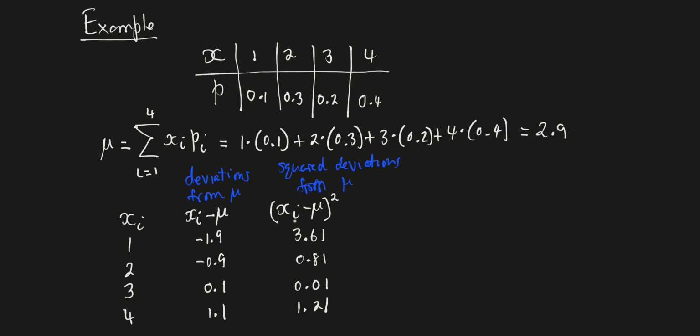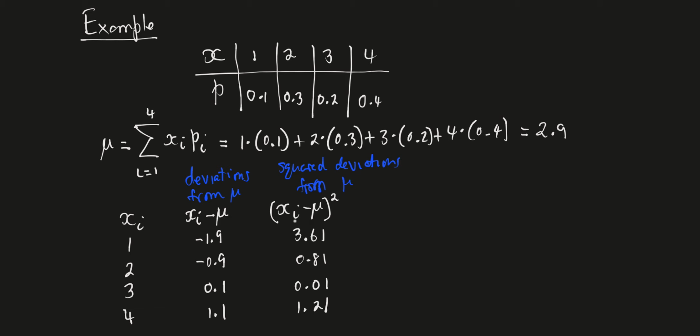So we're looking at the probability that corresponds to an x value of 1, multiplying that probability and that squared deviation. And that ends up being 0.361. And then just repeat the process.